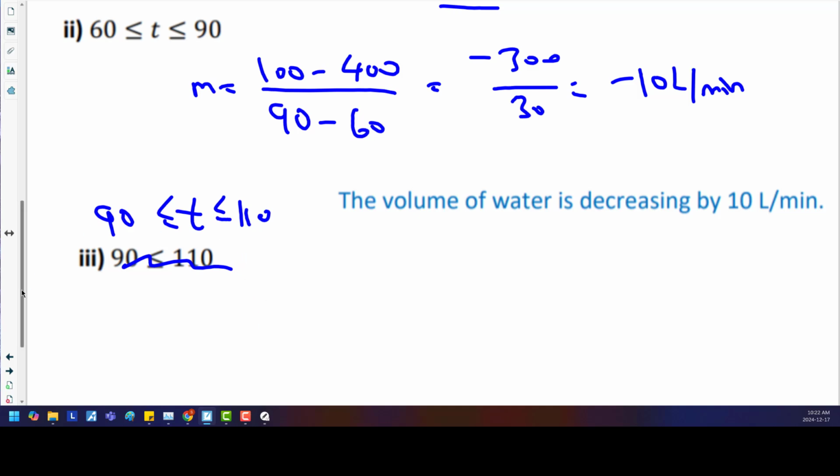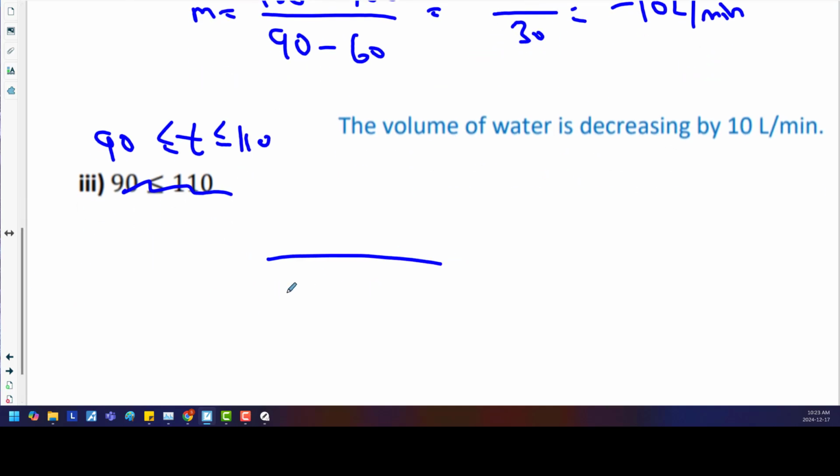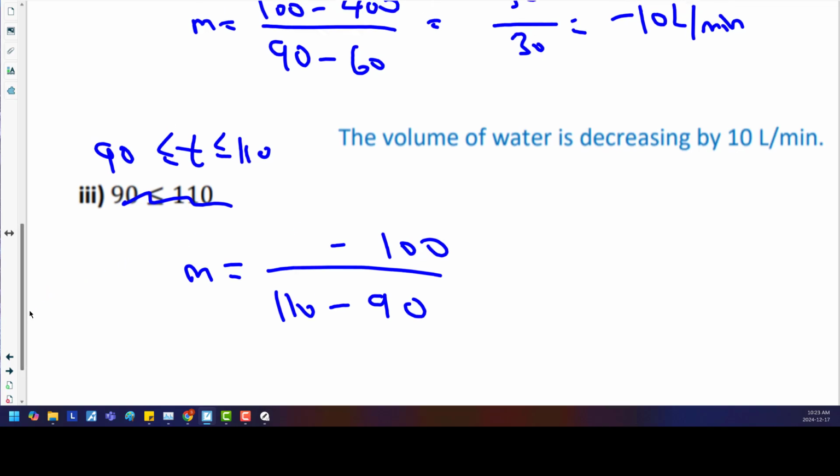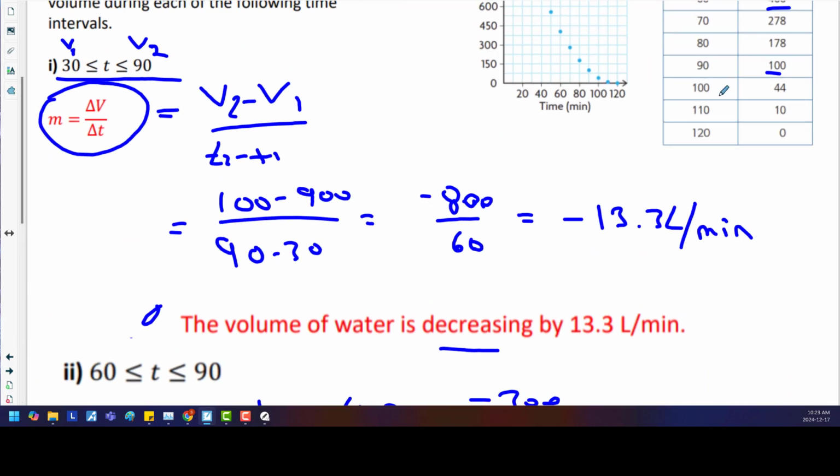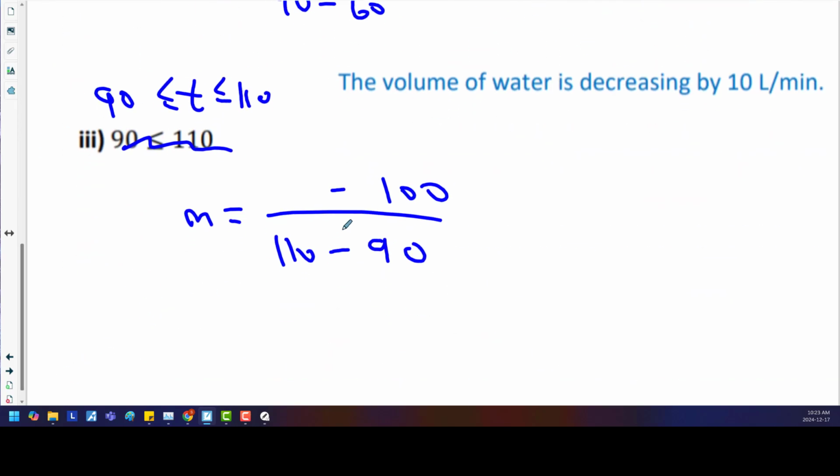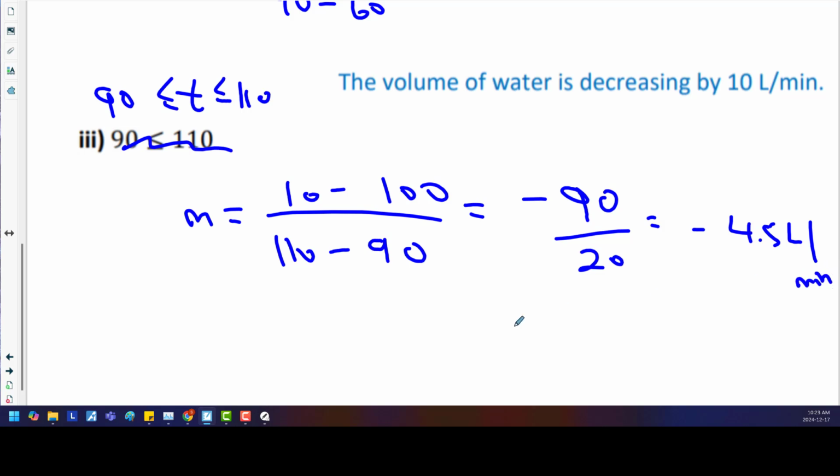Then we do it the exact same way. T2 minus T1, T2 being 110 in this case, and T1 being 90. We know it's 100 for 90, and for 110 it is 10. So that's 10 minus 90 over 20. That gives us negative 4.5 liters per minute.